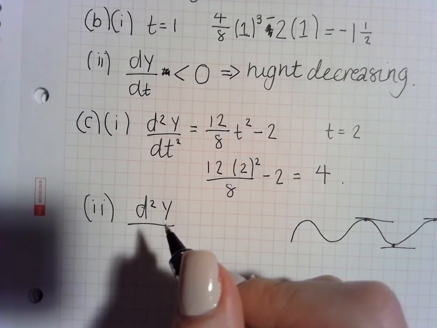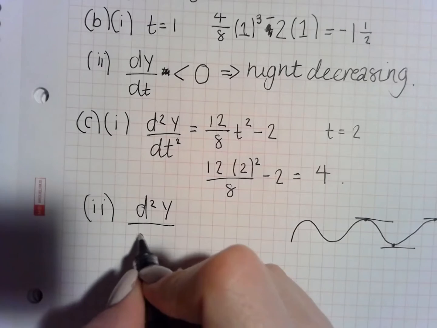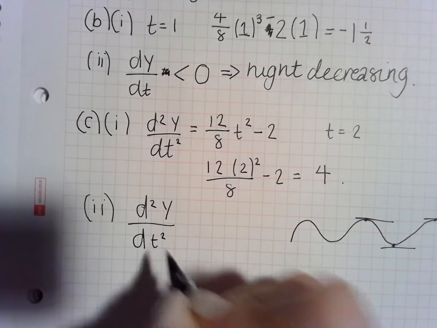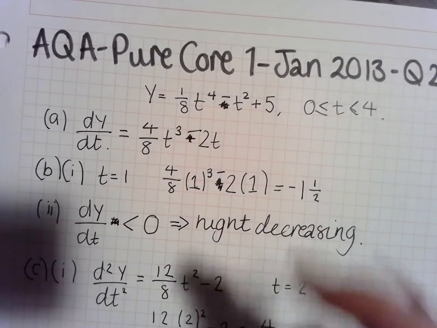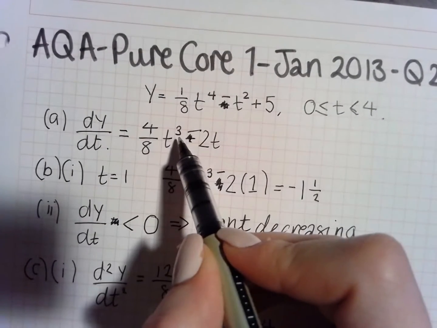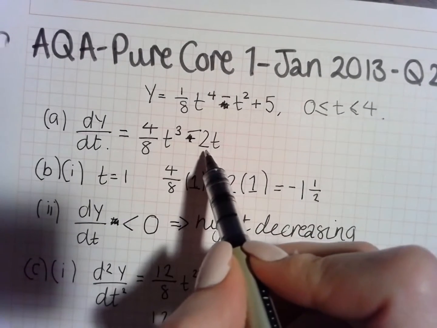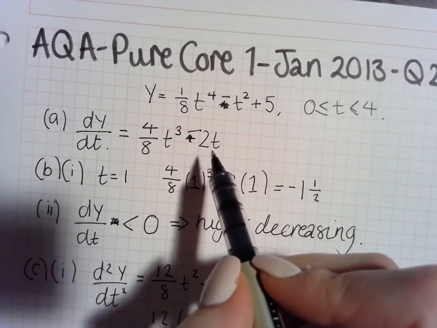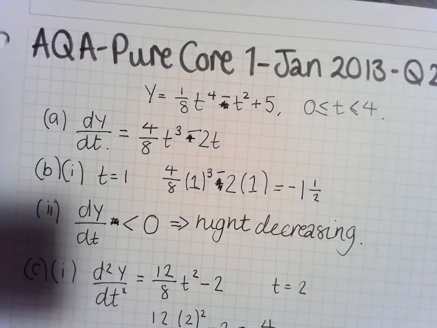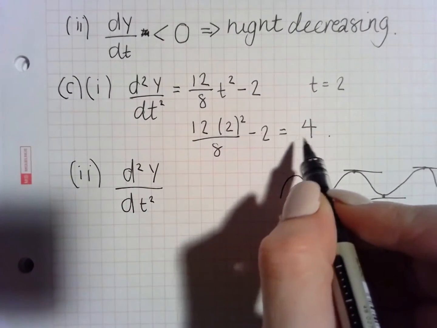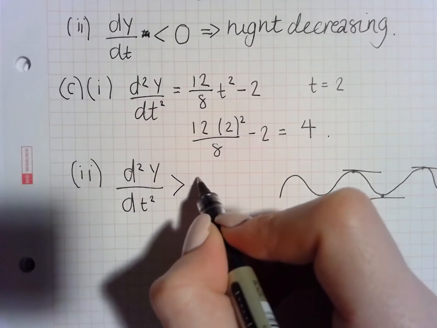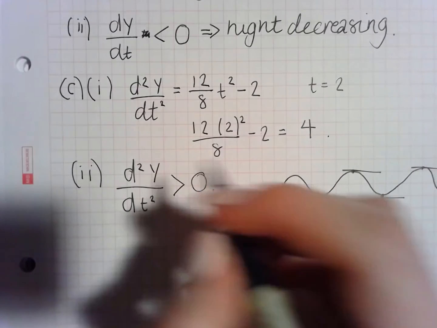If we're told that y has a stationary value when t equals 2, then the gradient must equal 0. We could check that by putting it into this. So 2 cubed divided by 8 is 4, minus 2 times 2 is 4, so the gradient equals 0. And because 4 is greater than 0, it means that it's a minimum value.